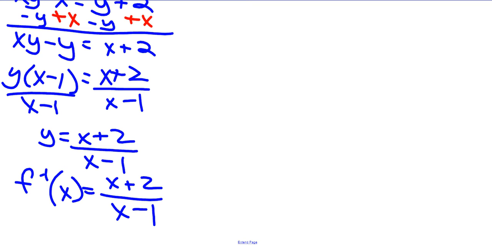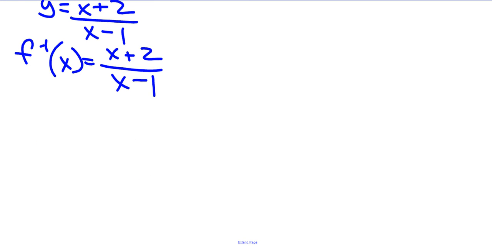The thing we had to be careful of, and since they're the same function, we know that there's no additional restrictions anyway, but either the inverse function or the original function is undefined at x equals positive 1 because that would make that denominator equal to 0. And we talked about yesterday, if these are the same power, which they happen to be here, then 1 over 1 would be that horizontal asymptote, and so it's undefined there as well.